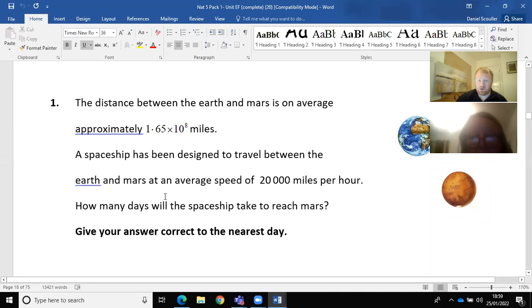So there's a lot going on in that question. Essentially it wants you to divide the amount of miles by 20,000 to find the amount of hours, and then turn that hours into days.